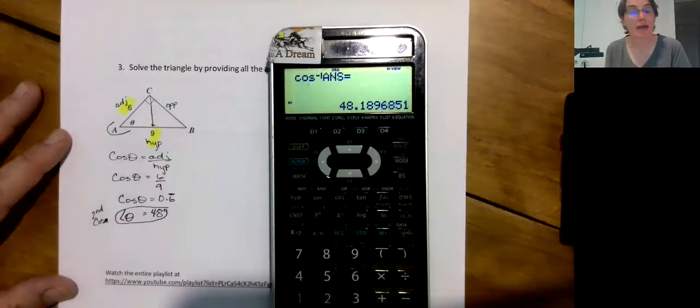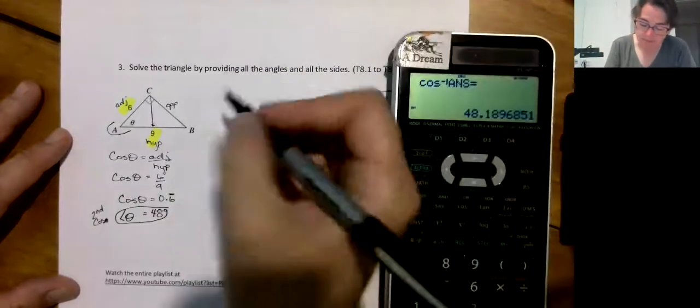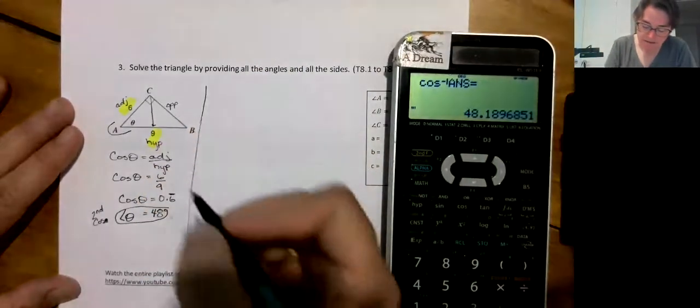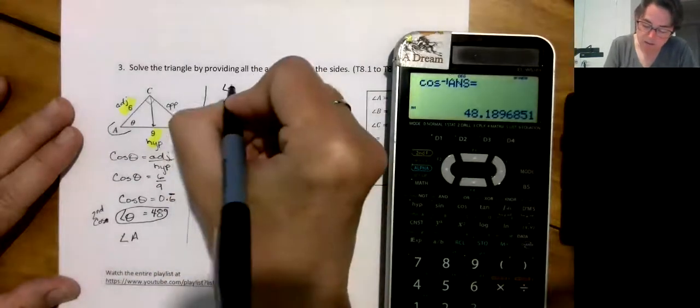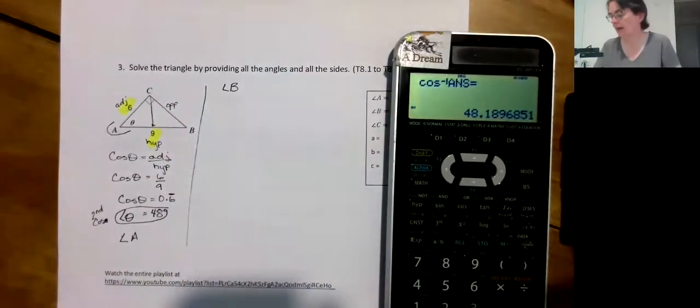Never mind, I have to do that simply because I don't have the opposite side. Hold on, gotta think. Nope. So this is angle A. Angle B, I have a plan, took me a second there.